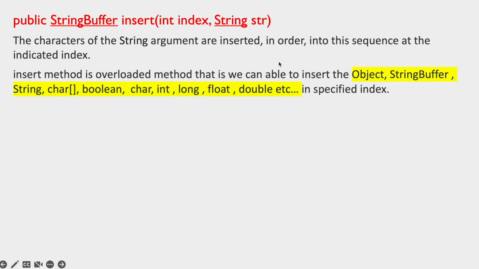That is, we can insert any type of data: object data, StringBuffer data, character array data, boolean, character, int, long, float, double, any type of data you can insert into the StringBuffer object at the specified index position.